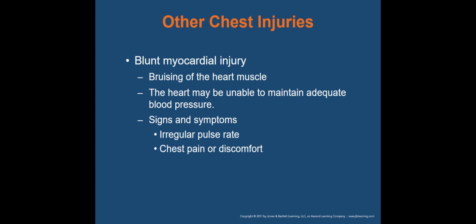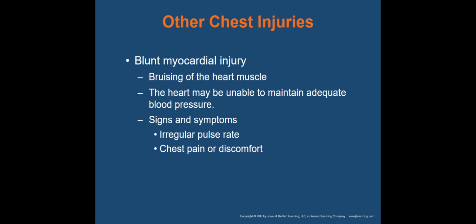Blunt myocardial injury can cause bruising of the heart muscle, aka the cardiac contusion. The heart may be unable to maintain adequate blood pressure because the pump isn't working, because the muscle is so damaged it stops working. Signs and symptoms may include irregular pulse rate, chest pain, or discomfort.